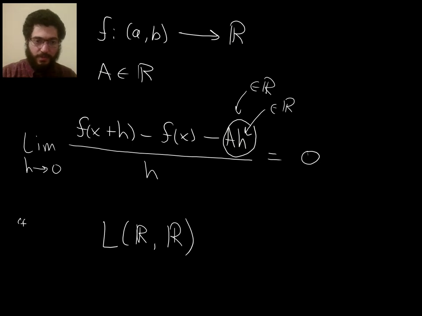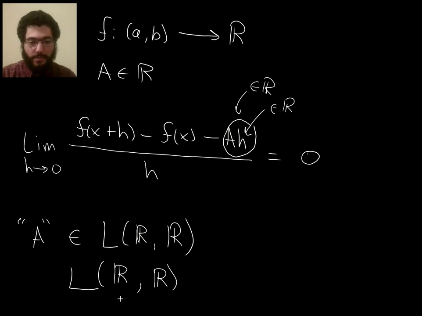So you could think of A in the previous setup as being a linear map from R to R. It's not literally that, but it's really similar, because the collection of linear maps from R to R can be identified with R itself. As vector spaces, they're isomorphic.